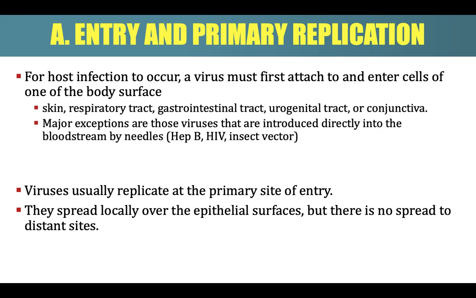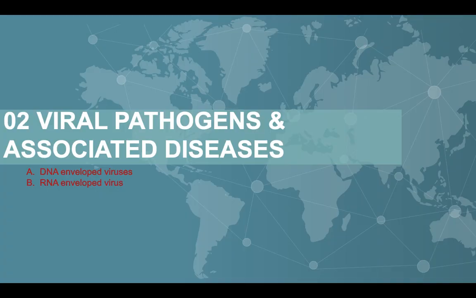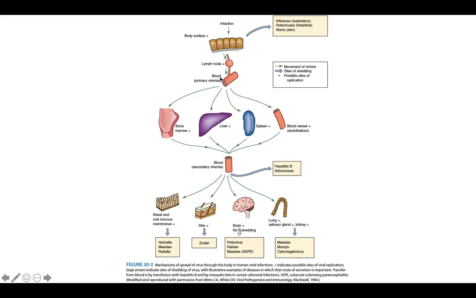They spread locally over the epithelial surface, but there is no spread to distant sites. That's an example of local spread, where upon entry there will be primary replication, and that's it. It won't move to other parts of the body.